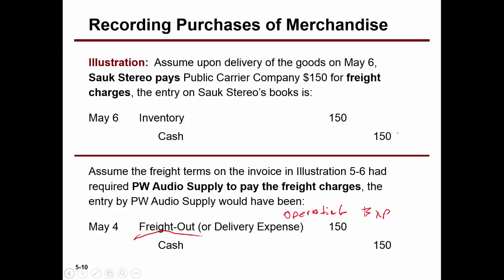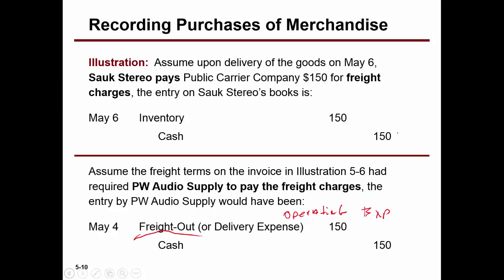And the salesperson sees you and says, quick, get that person before they leave, tell them we deliver. They come over and say, do you know we deliver? We'll deliver. That completely changes your decision to buy that thing, doesn't it? So that is a selling expense. That's part of the normal course of business, part of the cost of doing business. So when the seller pays the freight, it is what?